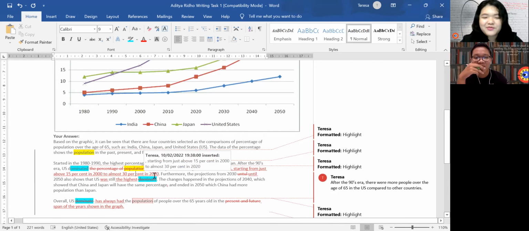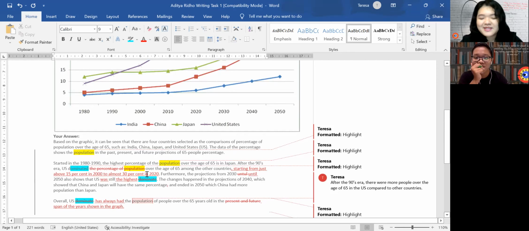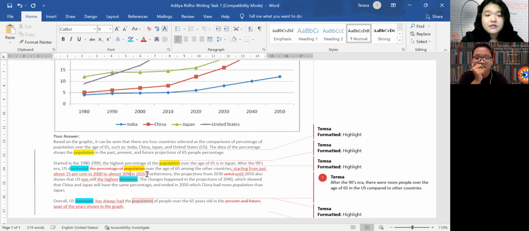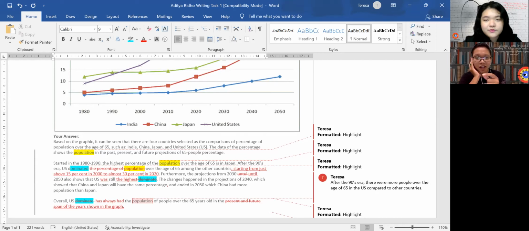If you're running out of words, you can just use per space cent. But if you use the symbol, that's also acceptable, though it's fewer words. As I say in the writing skills tips in IELTS, the more concise and simple, the better. So I can use that. Yes, we can use that. Okay.